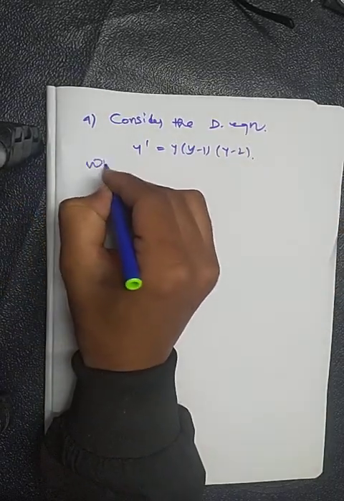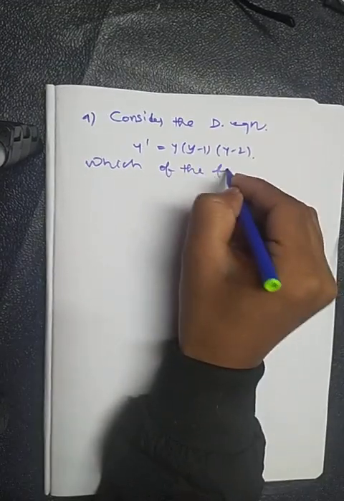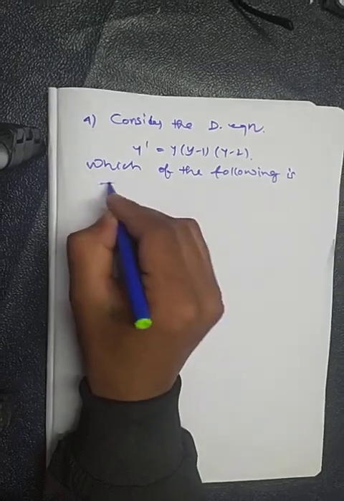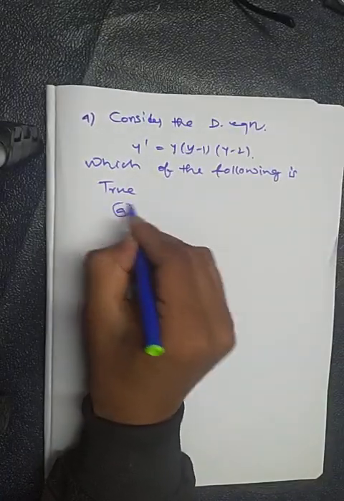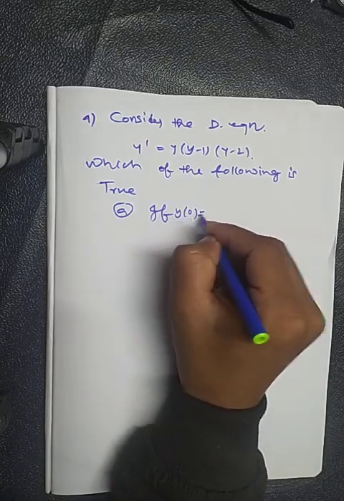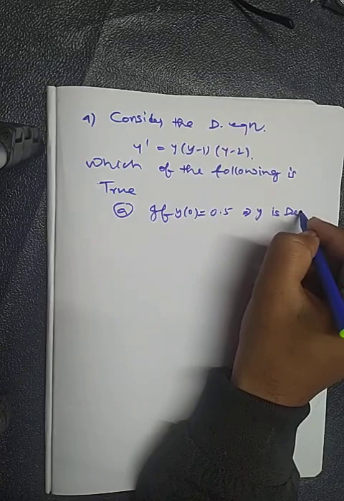Which of the following is true? A says that if y of 0 is 0.5, then y is decreasing.